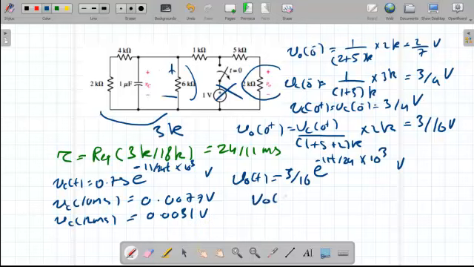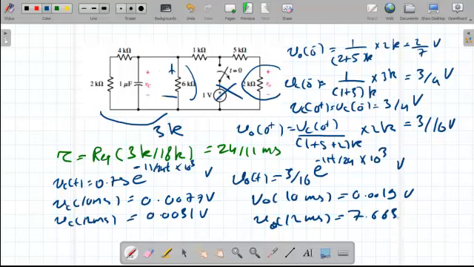VO at 10 millisecond will equal 0.019 volt. VO at 12 millisecond will equal 7.63 times 10 to the minus 4 volt.